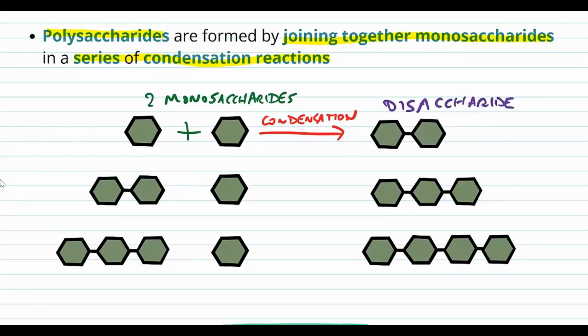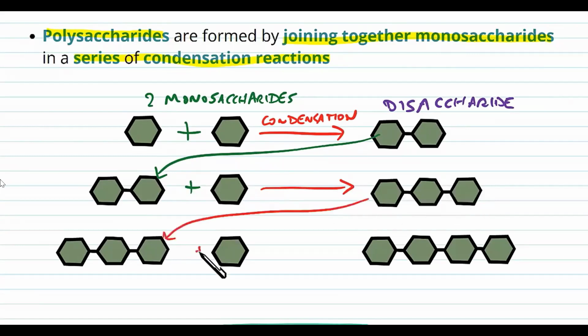And then to increase the length of this chain, we just need to simply increase it by adding another monosaccharide. And again, a condensation reaction adds this extra monosaccharide to form this now trisaccharide or oligosaccharide. Again, this can then be added with more and more and more until they keep growing in size to form a polysaccharide.